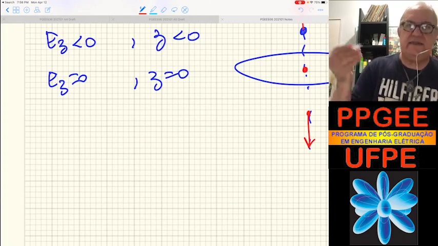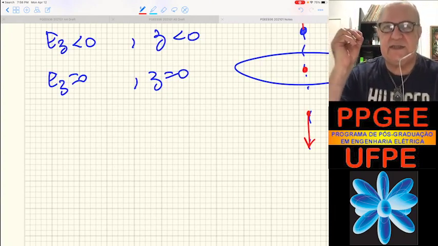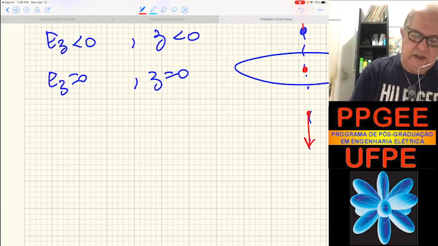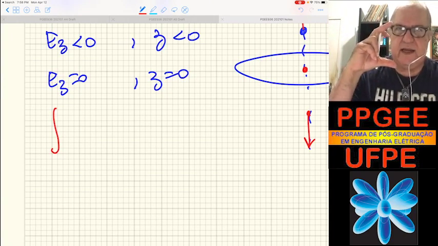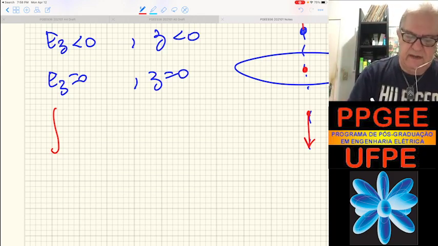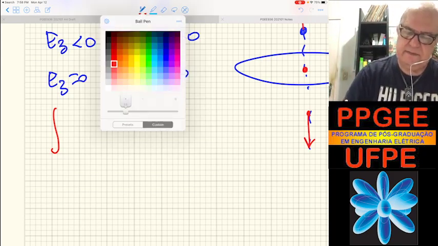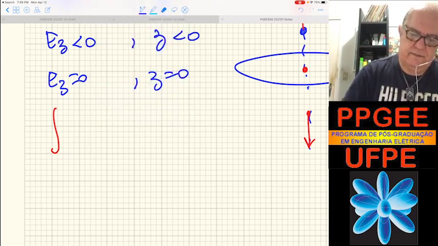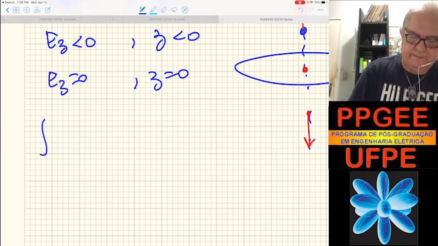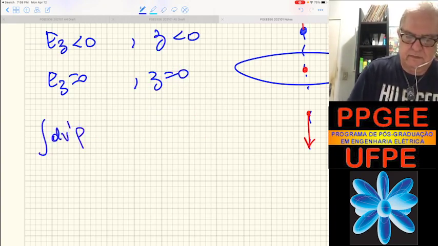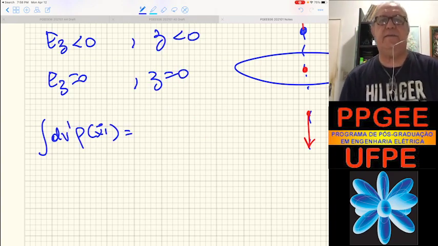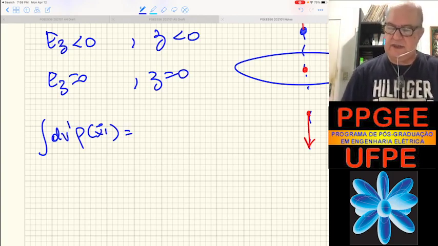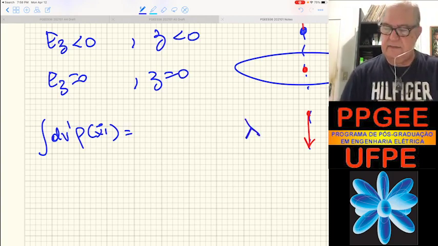So you see, once again, we have to determine the charge density using delta functions. So the integration, in this case, the charge has a finite length, okay? So the integration in the whole space equals the charge, which is, in this case, well, the charge is assumed to have a density lambda.